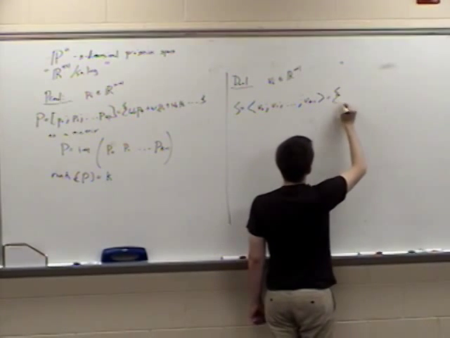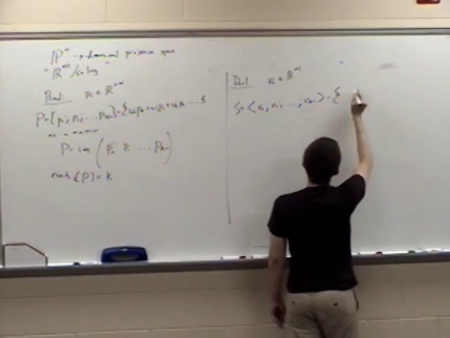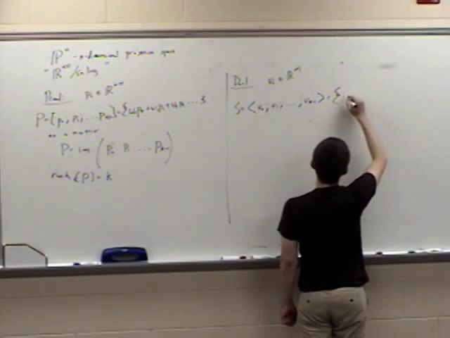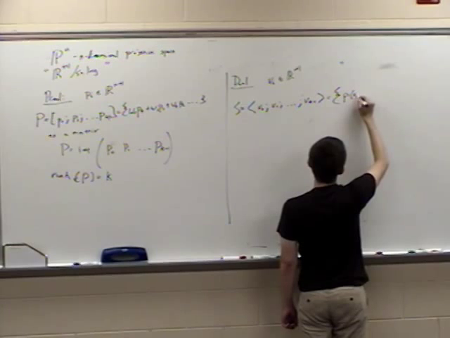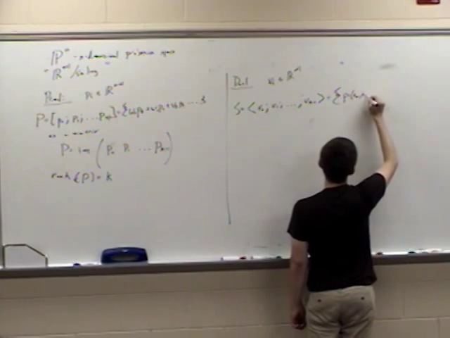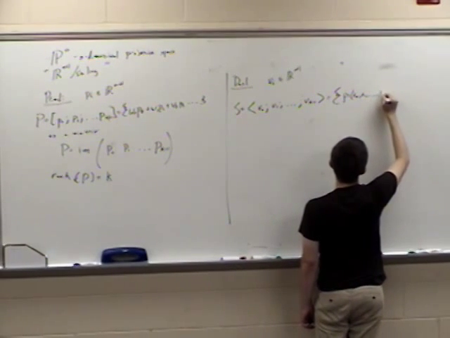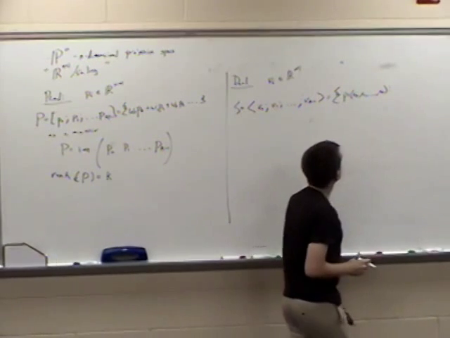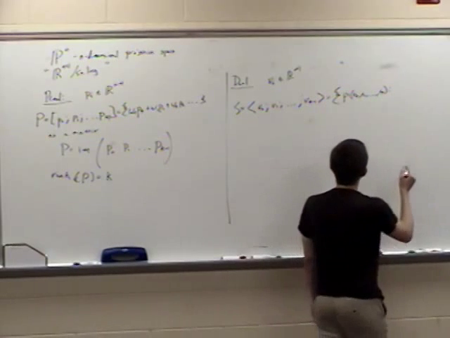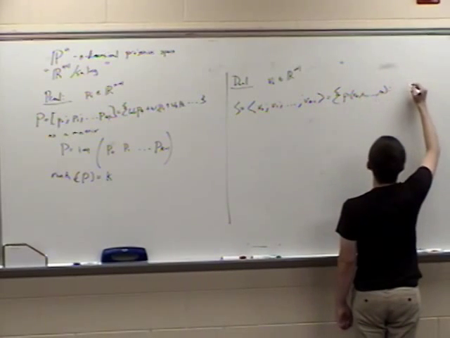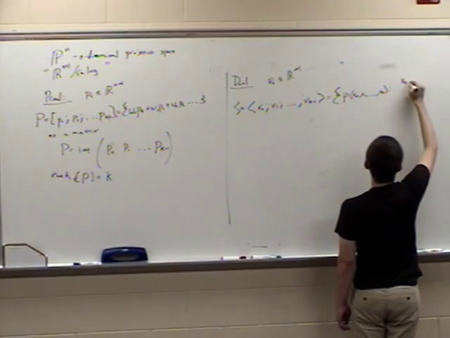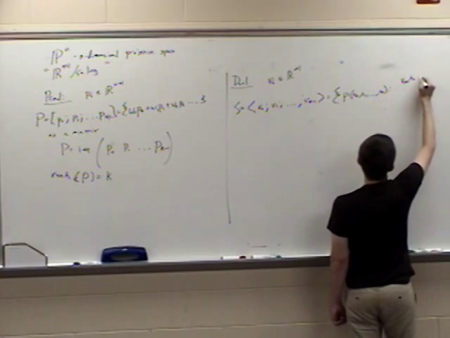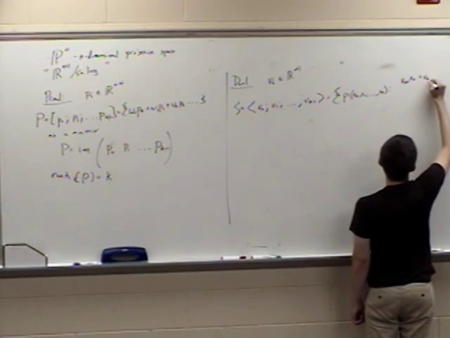And this is the collection of all points p equal to (x0, ..., xn) such that v(0,0) x0 plus v(0,1) x1 and so on equals 0.